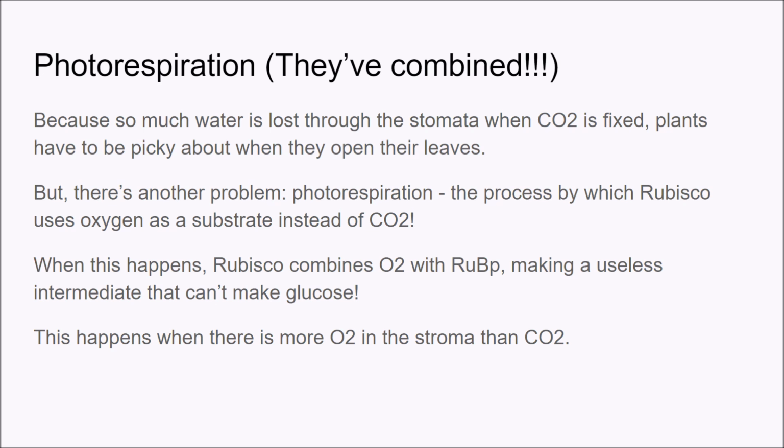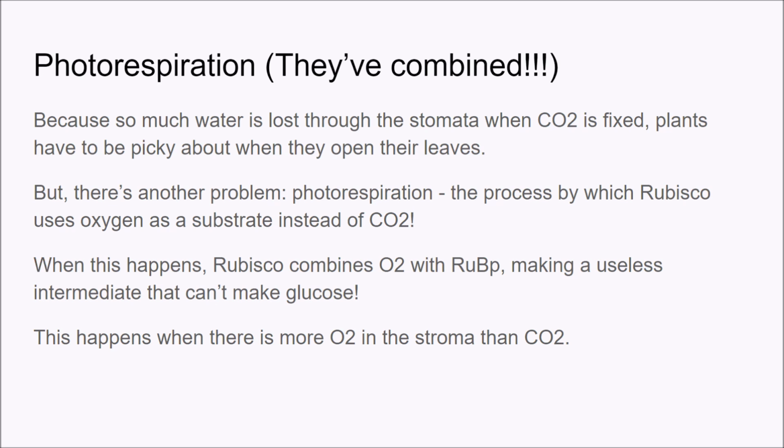And when it does that, it's going to start the process of photorespiration and make that useless intermediate. So glucose production is going to become severely limited. This is a terrible thing. The plant has got to figure out some way to counteract this process so that it can survive even when there is not a lot of CO2 available to be pulled in through the leaves.